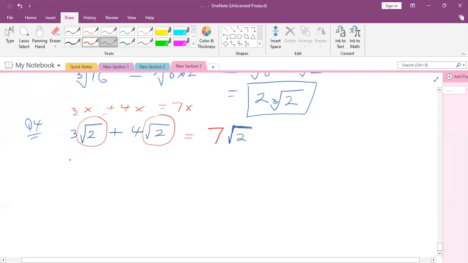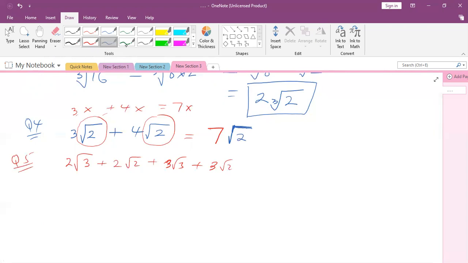So let's try one more. Question 5. Simplify 2 root 3 plus 2 root 2 plus 3 root 3 plus 3 root 2. Now, when we look through this, I can see some like terms.